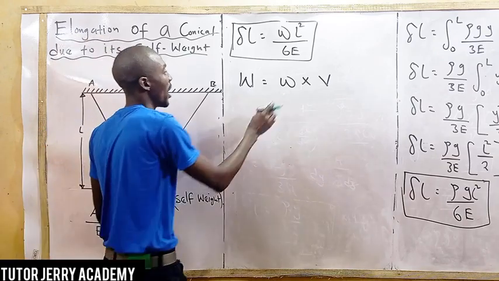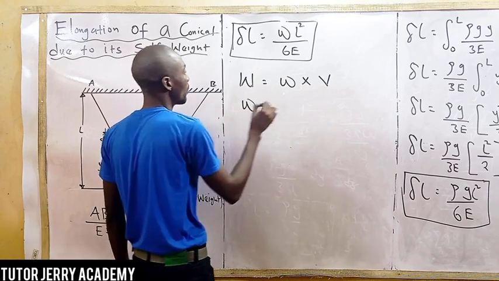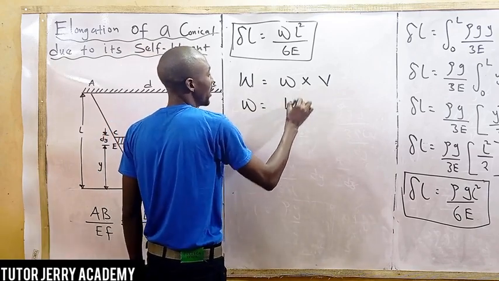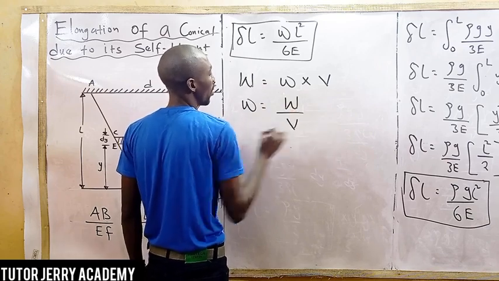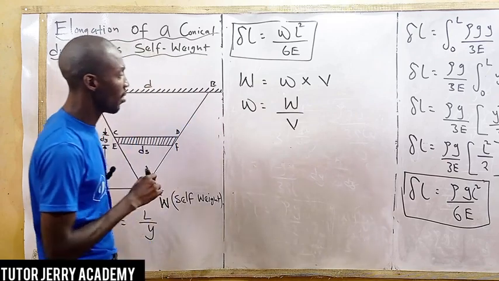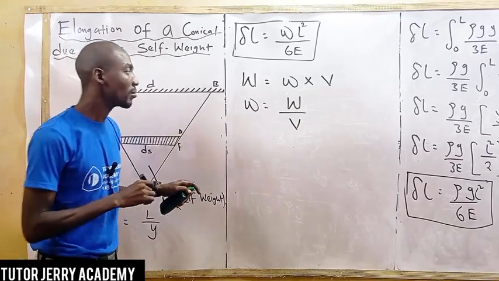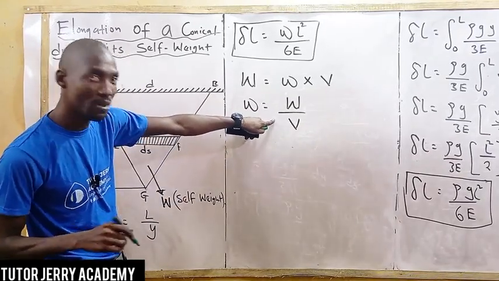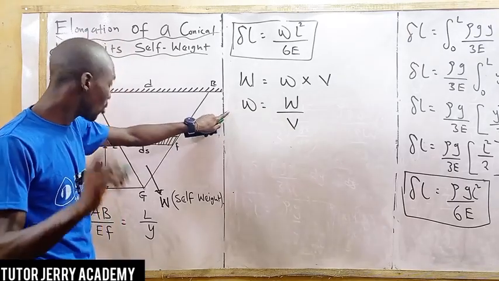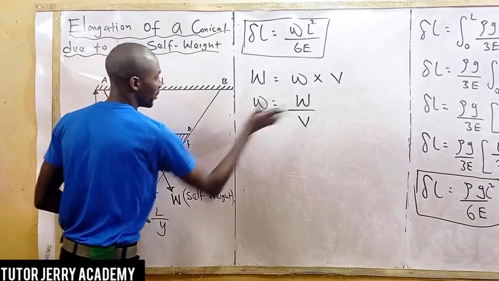So we are going to have omega equals the weight of the cone, the self weight, all over volume. So we know that our self weight is W.